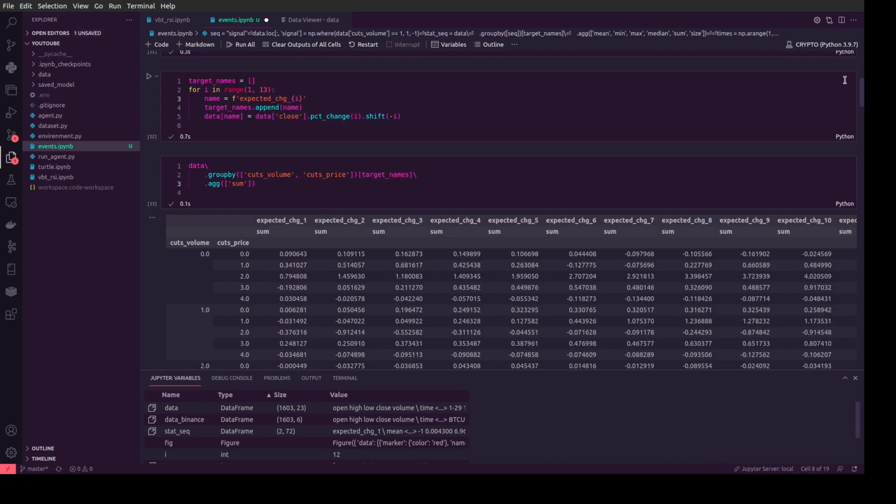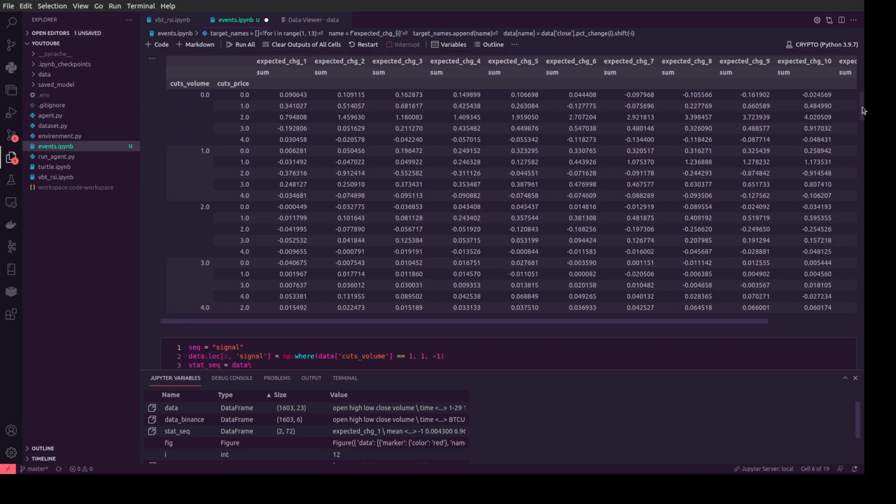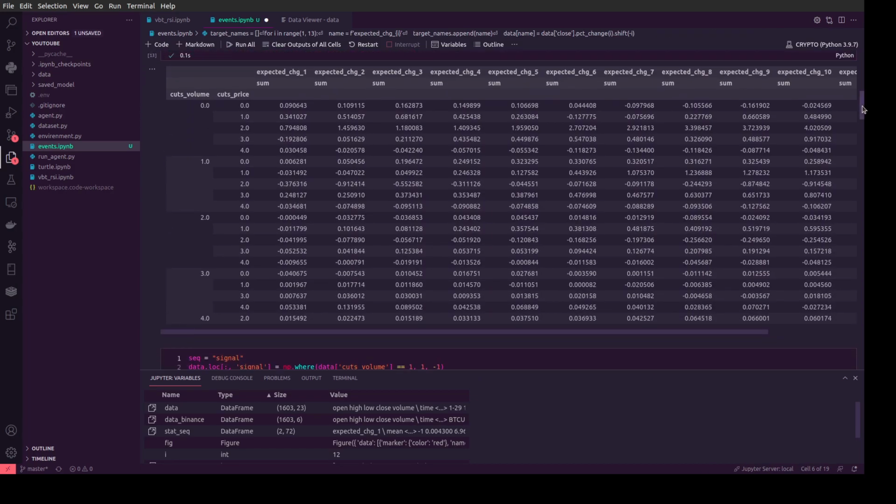Let's do it. And you, as a trader, should analyze this table to understand what happens with the price. This is our combination, quantile of volume and quantile of price, and what happens with price after 1 bar, after 2 bars. This is our statistics. It means cumulative return.